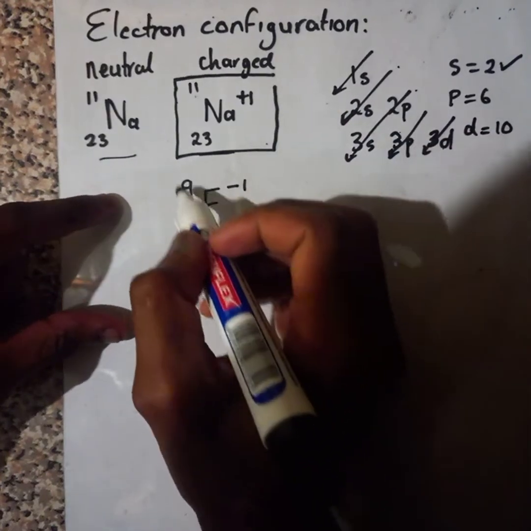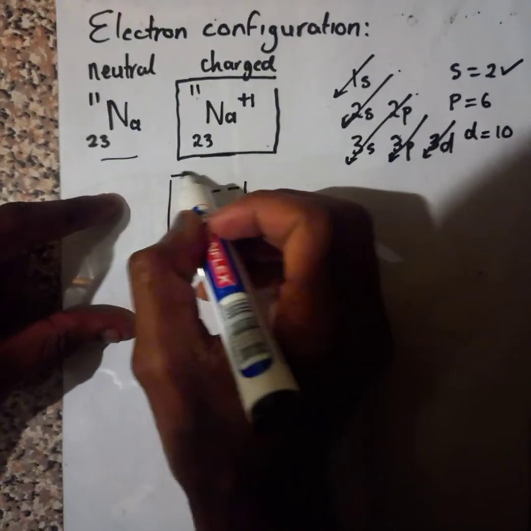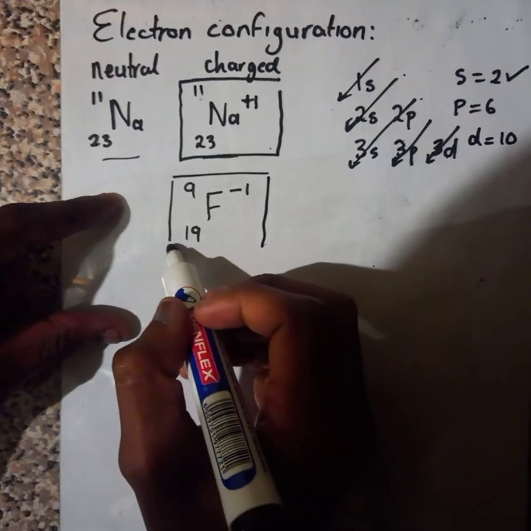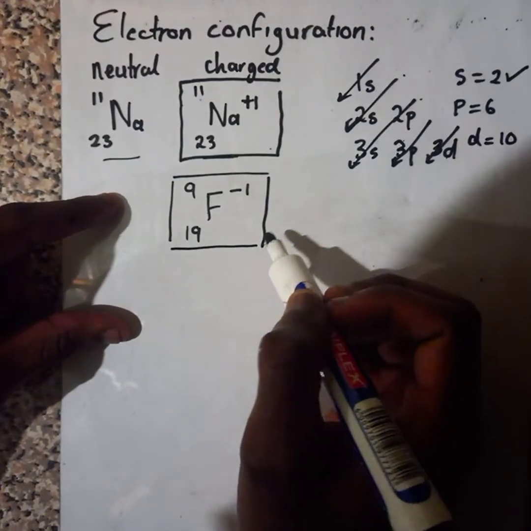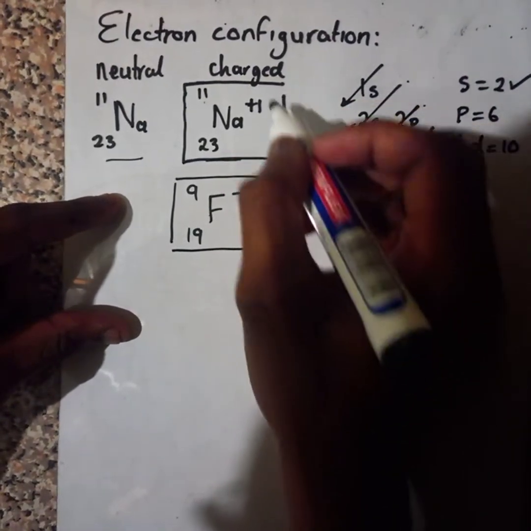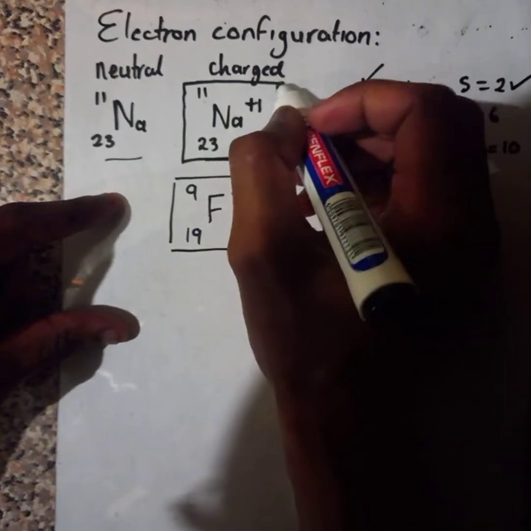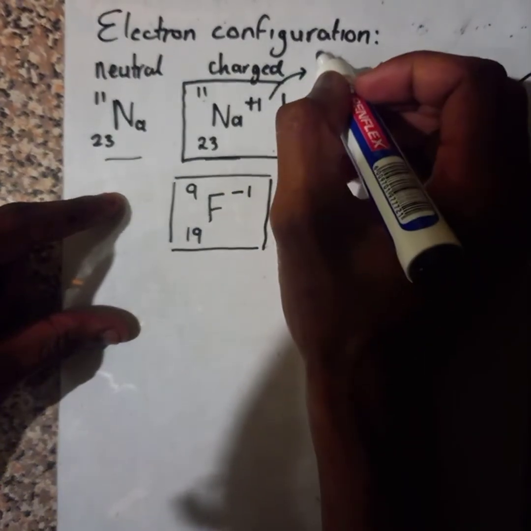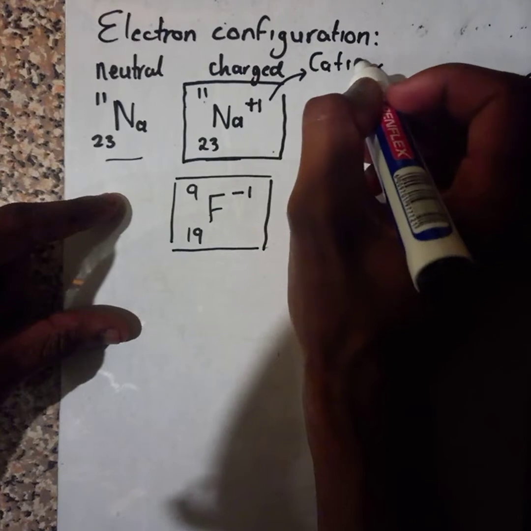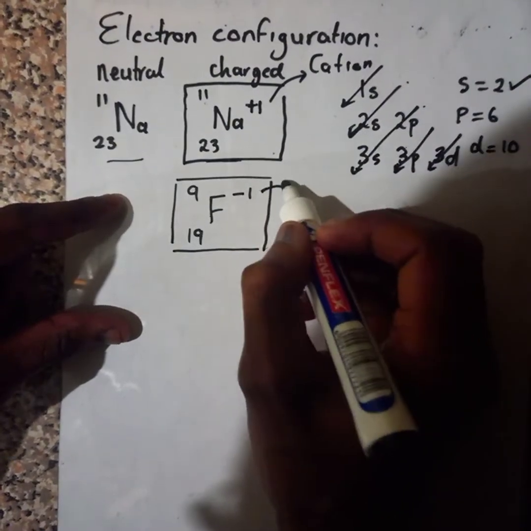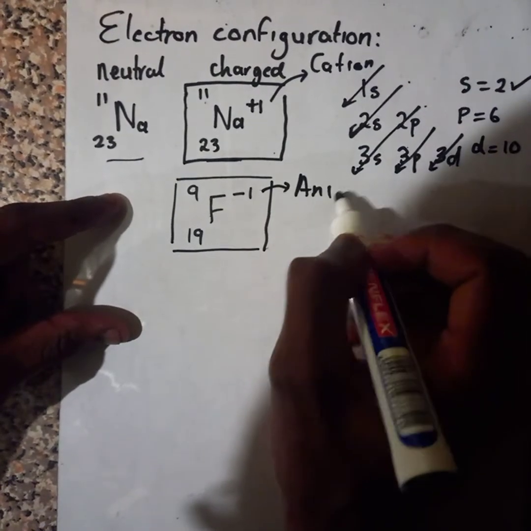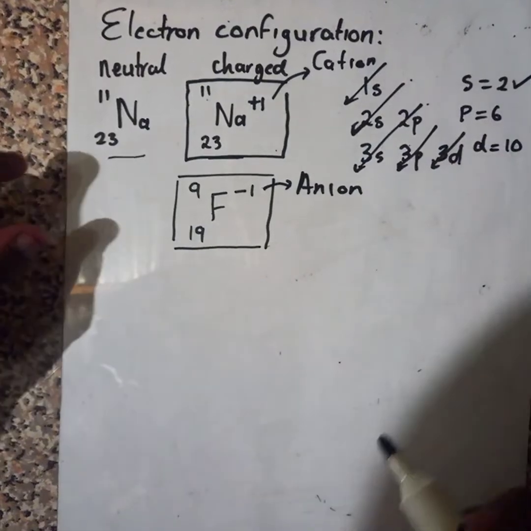They also gave us a charged one. You see, we call this one a cation, and this one is an anion.